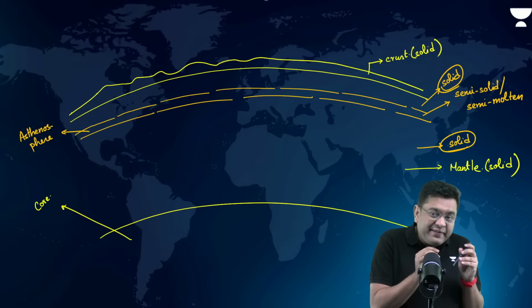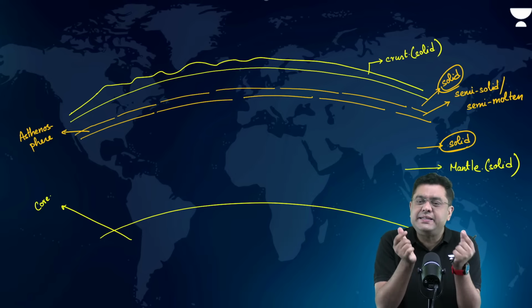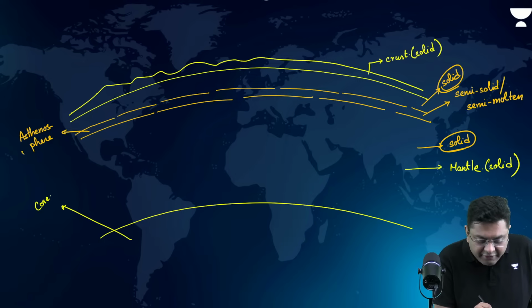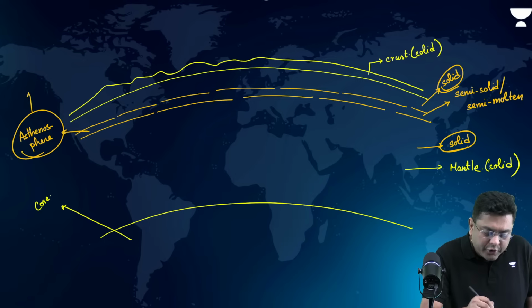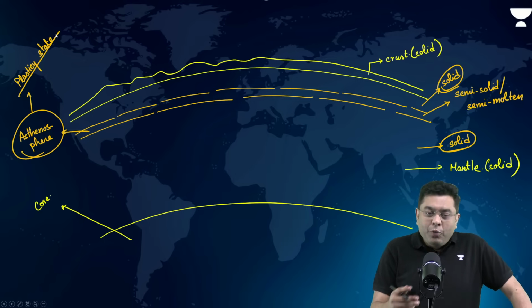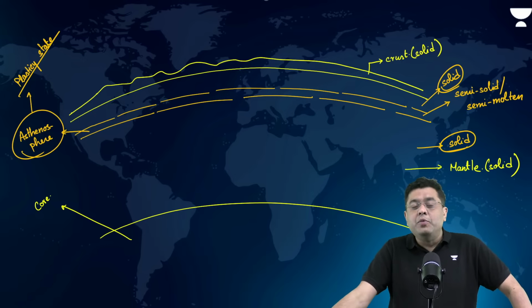So that is the plasticky state. That is why asthenosphere very famously is also referred to as being in a plastic state, semi-solid, semi-molten.